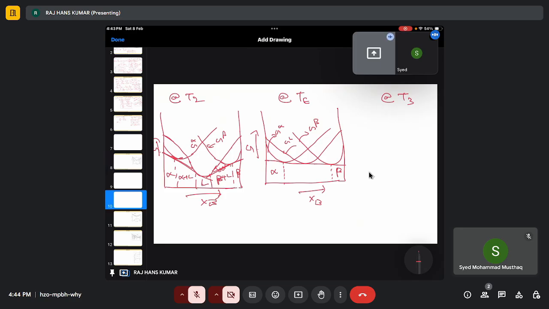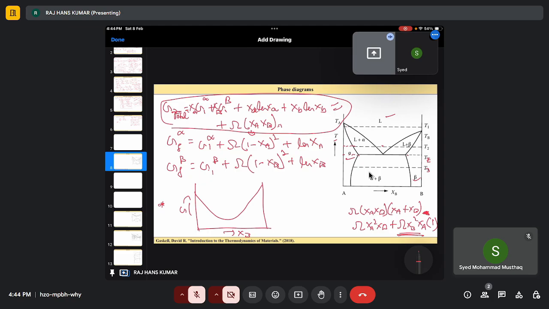You may call them three minimums. Then what happens? Because G alpha, G beta, and G liquid have the same common tangent, so this phase will have a mixture, alpha plus beta plus liquid. So that is what about this.